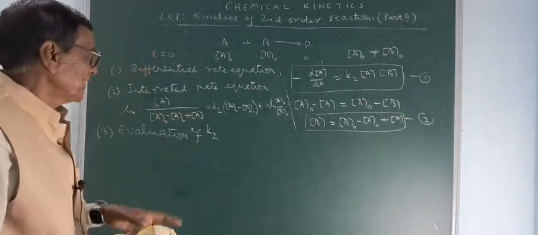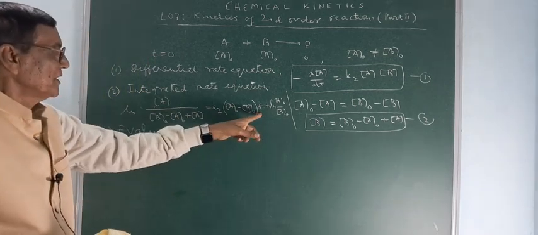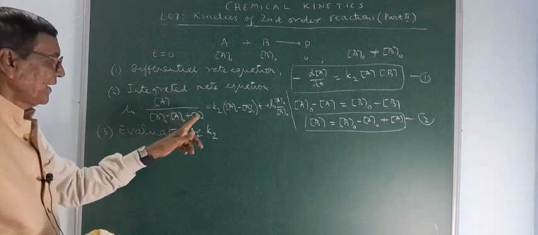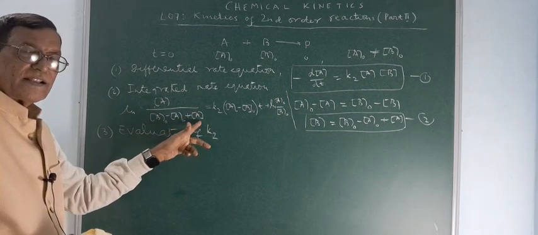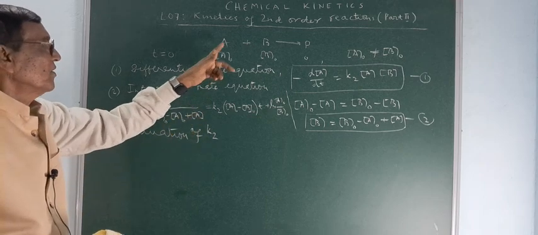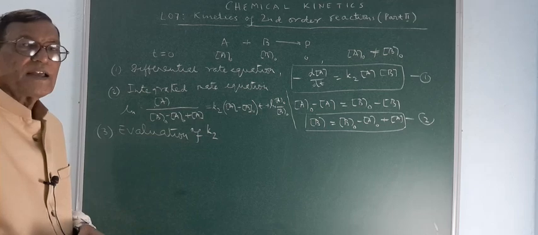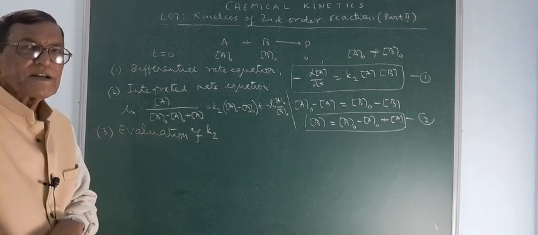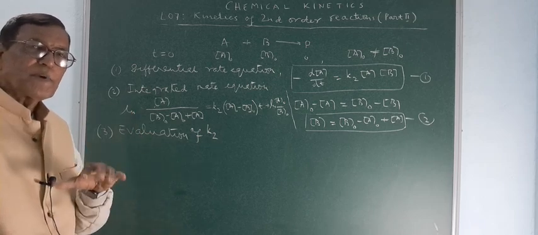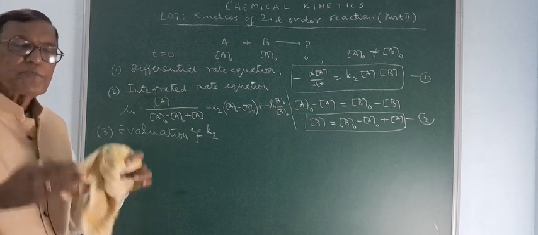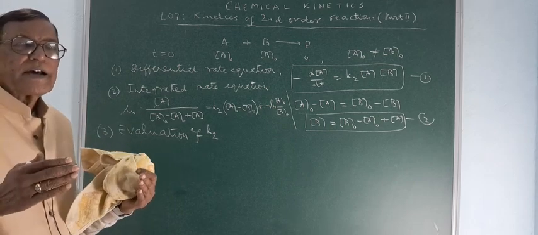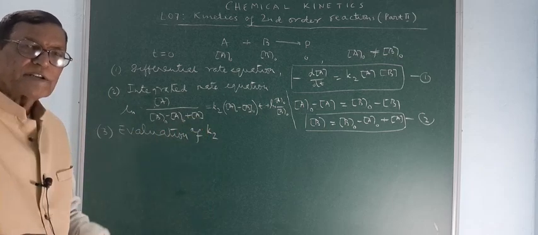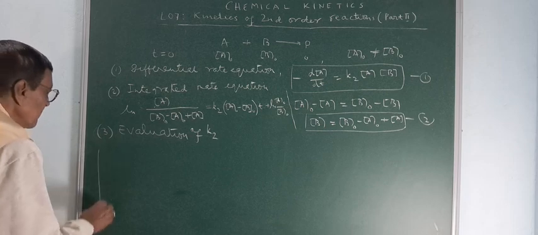Means at different time intervals, we have to determine the value of A, means concentration of A remaining at time t, either by physical method or by chemical method. So by determining the concentration of A at different time intervals, we can have a table.